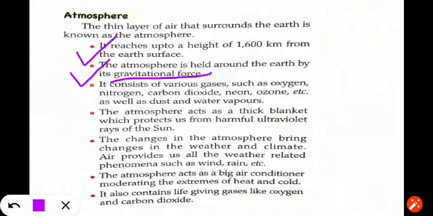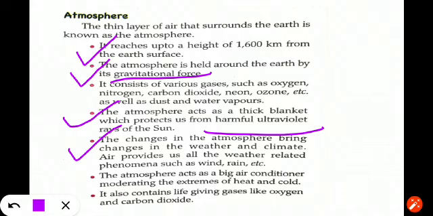The atmosphere acts as a thick blanket which protects us from harmful ultraviolet rays of the sun, that we can say UV rays of the sun, which is very harmful to us. Next, the changes in the atmosphere bring changes in the weather and climate.